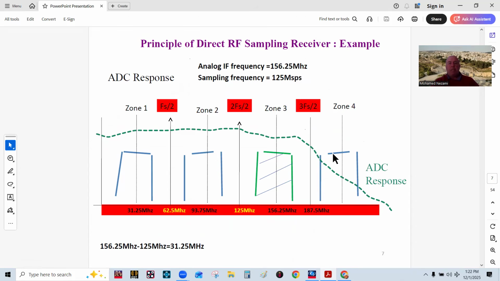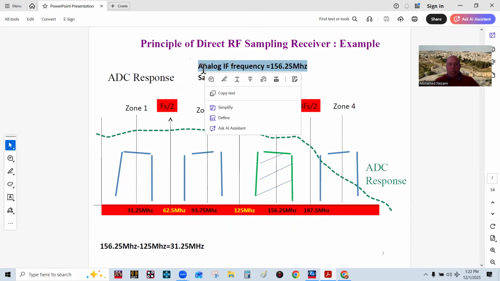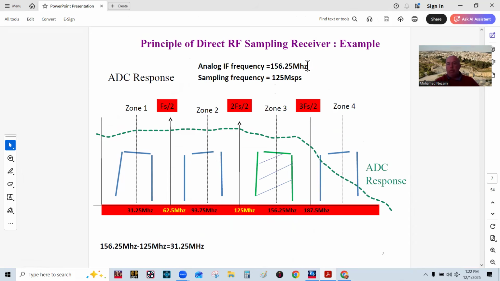So let's take an example. Let's say I have an analog IF, or a carrier modulated, at 156 megahertz, and I have the ADC at 125 megasamples per second. Let's draw the Nyquist zones. The sampling frequency is 125, so half of that is 62.5.